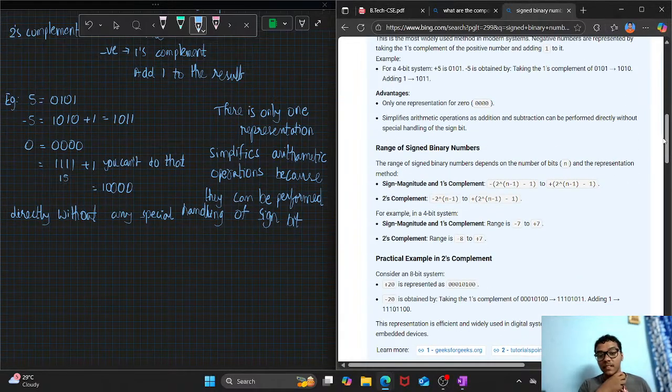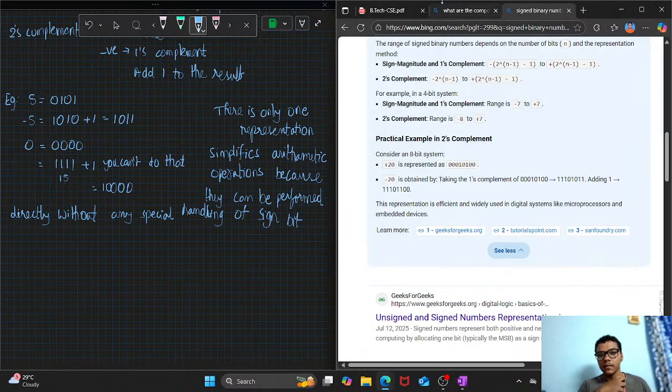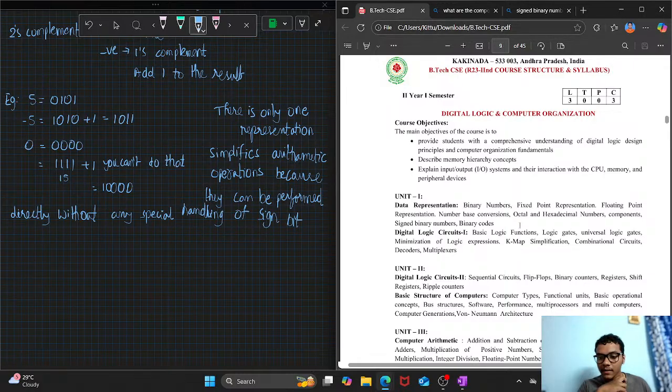So that is how you represent negative numbers, and we are done with that.